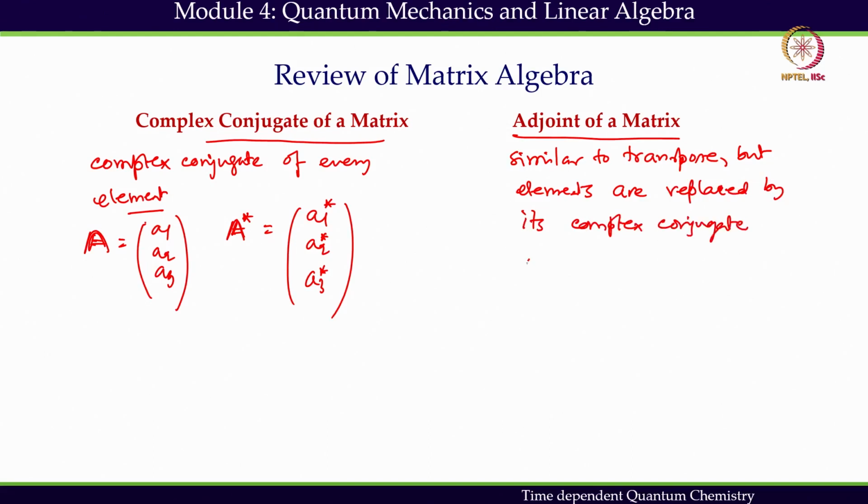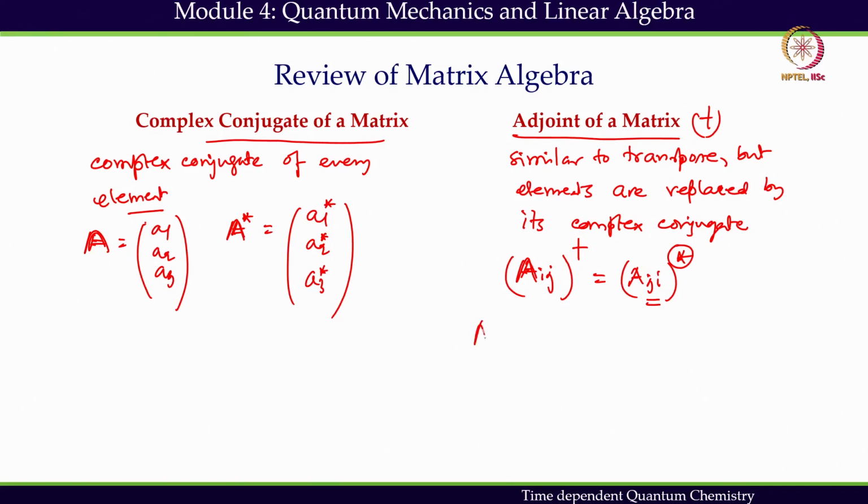Which means that I have now Aij. If we find the adjoint, the adjoint is defined by this dagger sign. Adjoint is going to be Aji star. So, I am interchanging the row and column. At the same time, each element will be taken to be its complex conjugate.